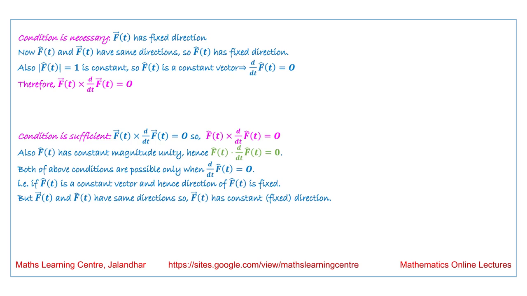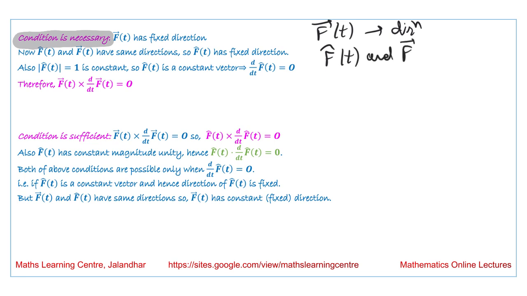Now we use this result to prove that this is the necessary and sufficient condition. The first part we are discussing is that the condition is necessary. So we assume that the function f dash t has a fixed direction. That means f cap t and f vector t have the same direction.